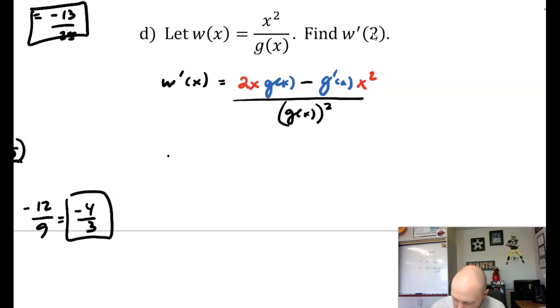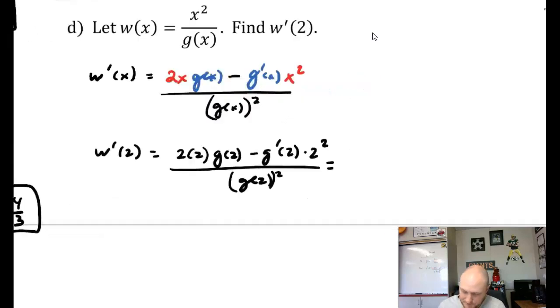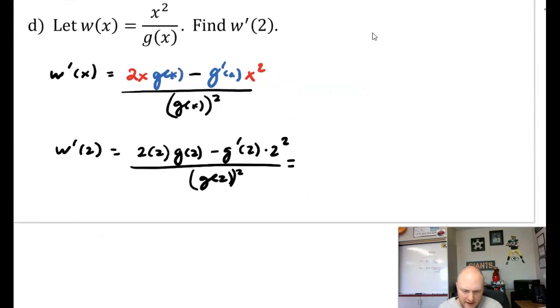All right, and now let's find w prime of 2. Okay, so 2 times 2 times g of 2 minus g prime of 2 times 2 squared, divided by g of 2, all of that squared. Okay, and it looks like we have 4 times 7 minus 0.